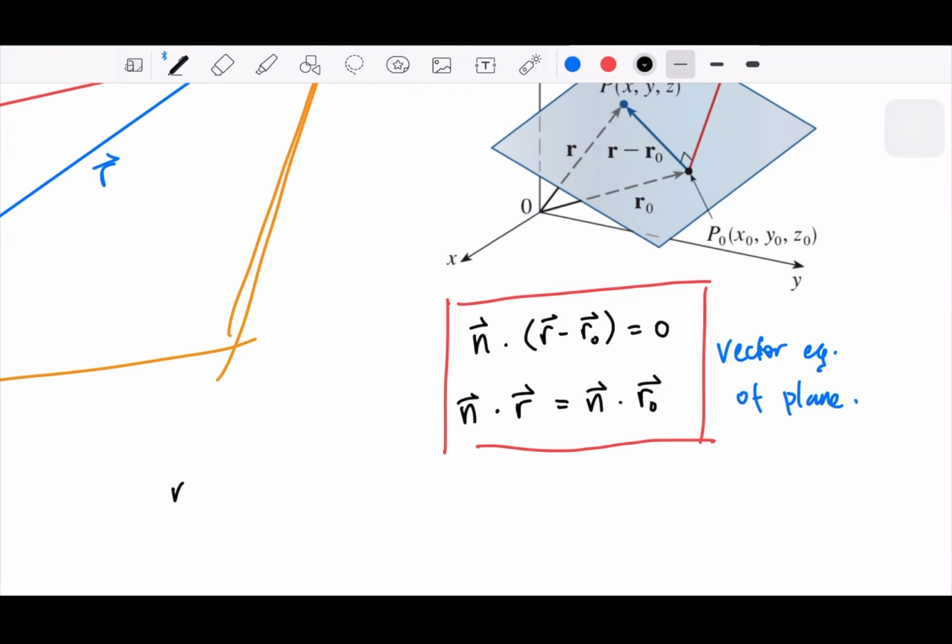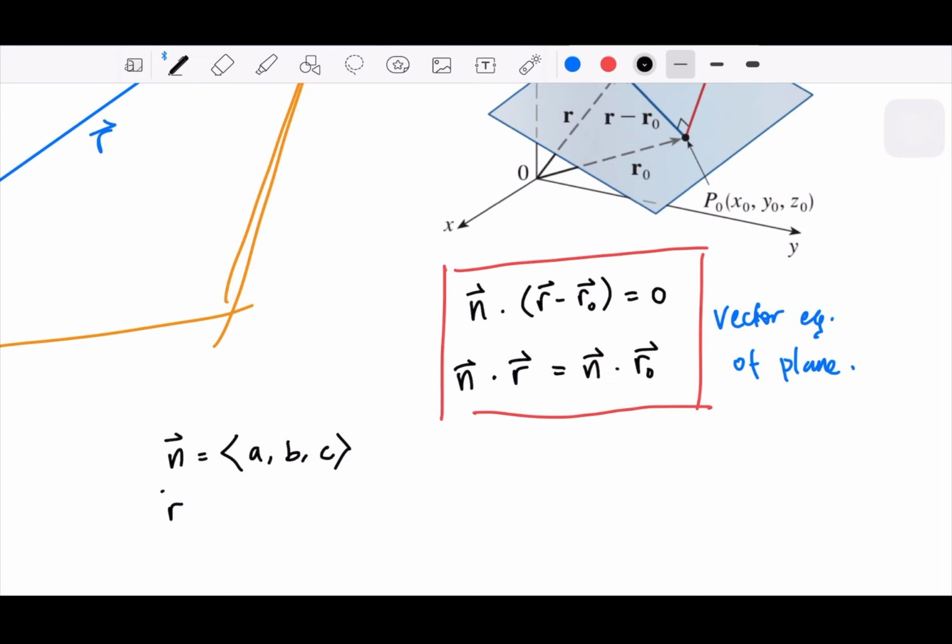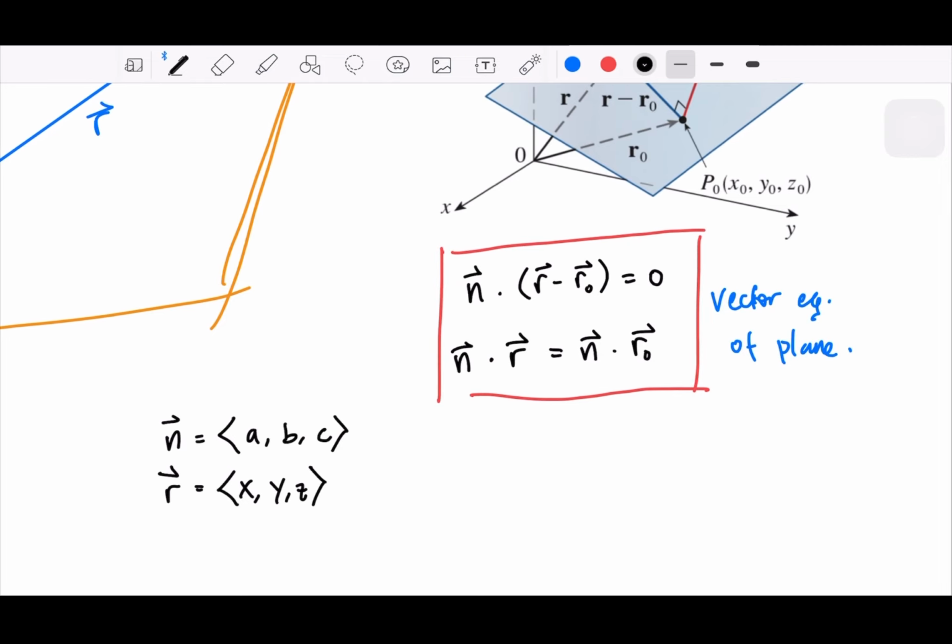So the component n, let's say we have the directions A, B, and C. And let's say the R will have X, Y, Z. And R0 will be X0, Y0, and Z0.